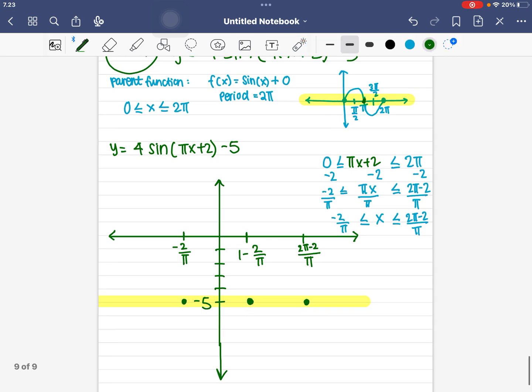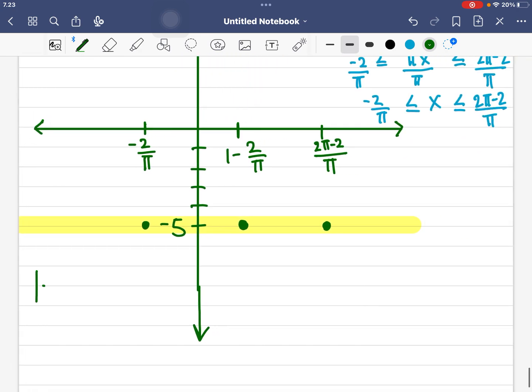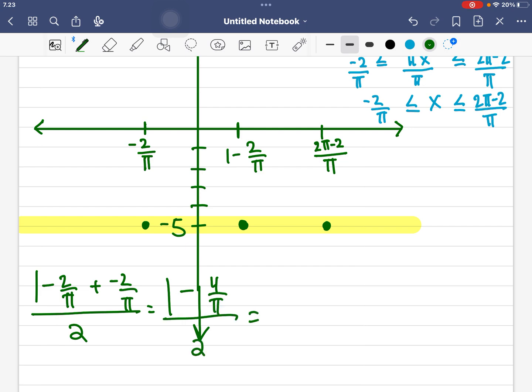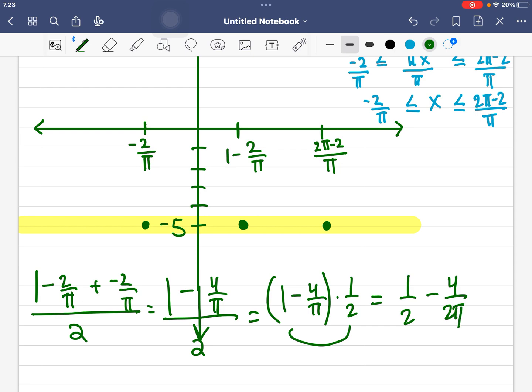So again, to find the midpoint, you need to add these two numbers together. Divide by 2, okay? So that's 1 minus 4 over pi over 2, or 1 minus 4 over pi times 1/2. Distribute that, that's half minus 4 over 2 pi, or 1/2 minus 2 over pi.